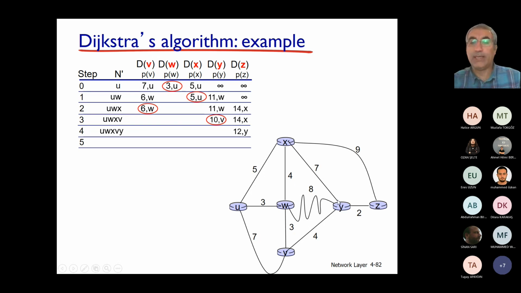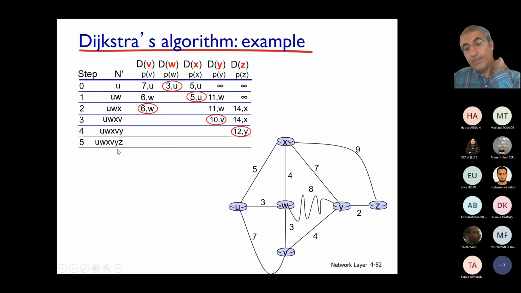Now we can calculate an alternative route through y to reach z, right? It can be 3 plus 3, 6 plus 4, 10, plus 2, 12, which is less than the current value. That's why we update the value of z to be 12, and the predecessor node is going to be y. And of course, this is the last one. Now we select this one, and we completed the Dijkstra algorithm.